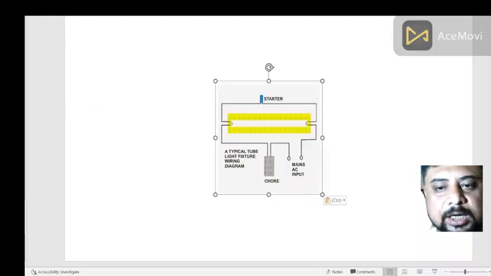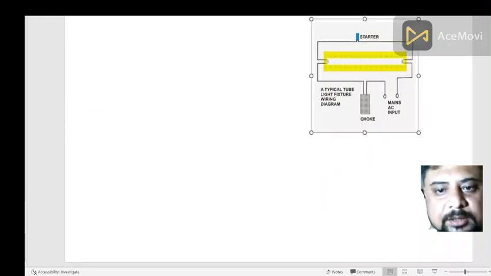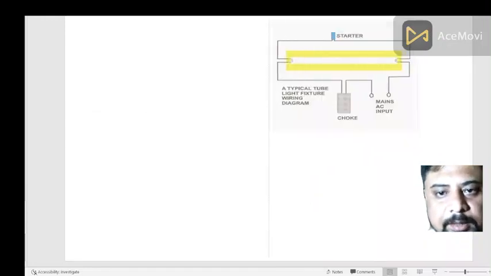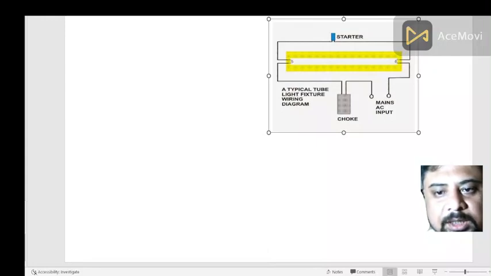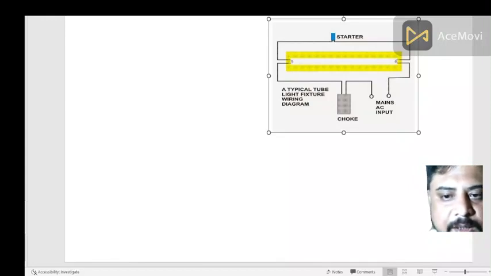This one is the diagram of a tube light that was used long time back, typical diagram. Here you have a starter, you have a choke, and you have an AC input. So it was used many years back in the household circuits where the frequency is about 50 to 60 Hertz.